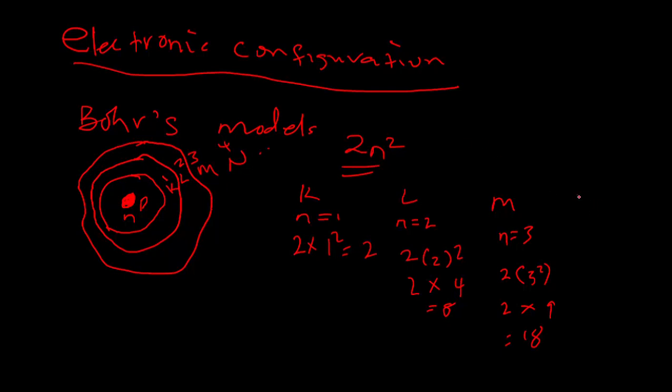You go to N when N is what? 4. Then you substitute for N, 4 square. Then you have 2 times 16, which is what? 32, etc. You go like this. This at the end, if you have we didn't draw it, it will take the maximum of 32 electrons.